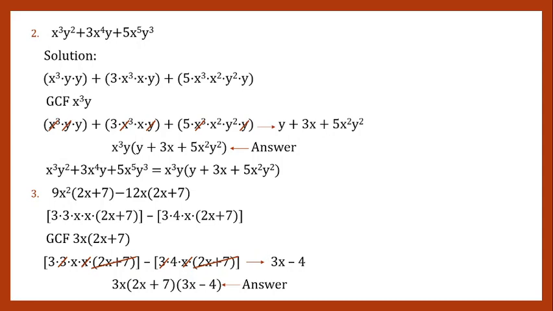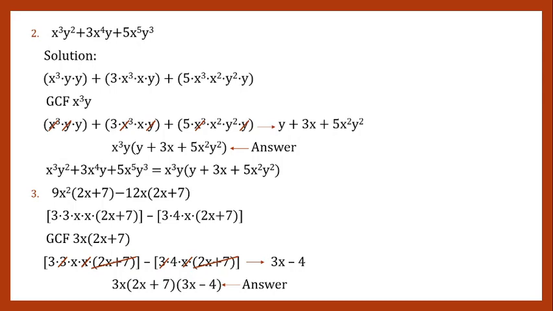Tapos, ang final answer would be the GCF, x raised to 3 multiply it by y, and then i-multiply natin doon sa naging outcome after eliminating the GCF. So, we have x raised to 3 y multiplied by y plus 3x plus 5x squared y squared. Kapag dinistribute ko ulit yan, babalik tayo doon sa given. So, para tama yung factoring.